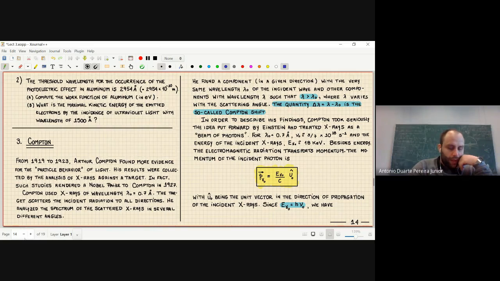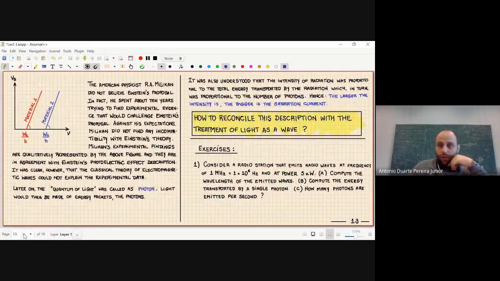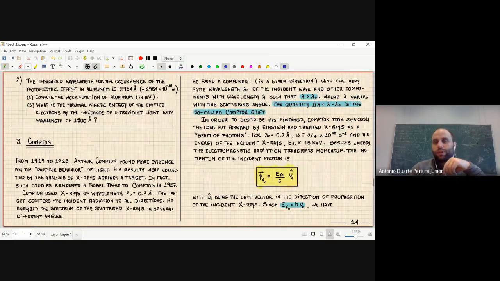But you already have these two exercises. So exercise 1 on page 13 and exercise 2 on page 14 that I strongly suggest that you try to do, and we can discuss that. Okay? So there is another question.